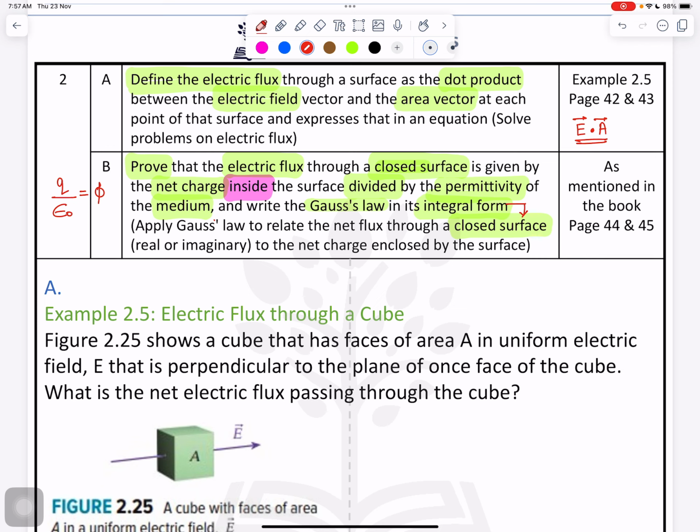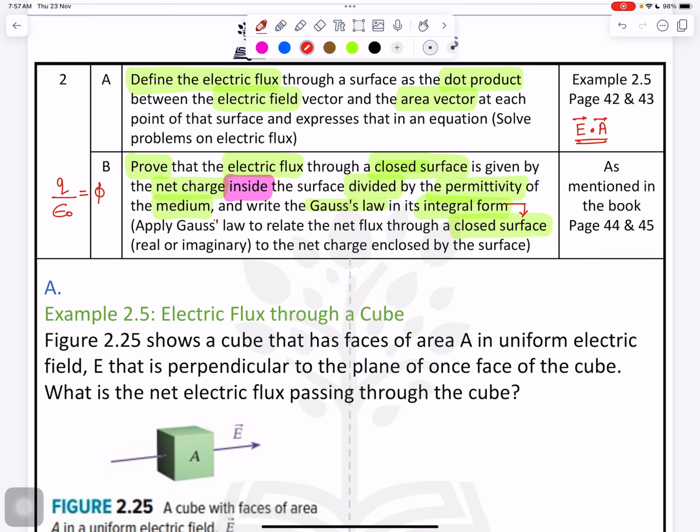So what is the definition of electric flux? Electric flux says the electric field lines passing through a given area. Let's say you have any particular area, and how many lines of force are passing through it is called flux.